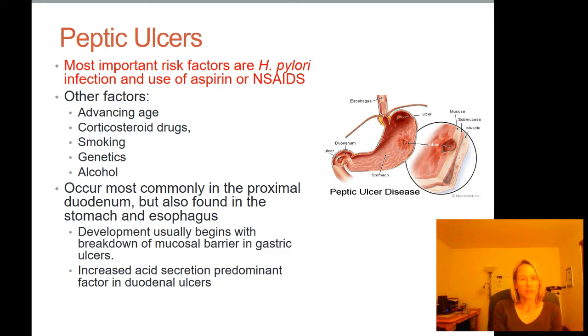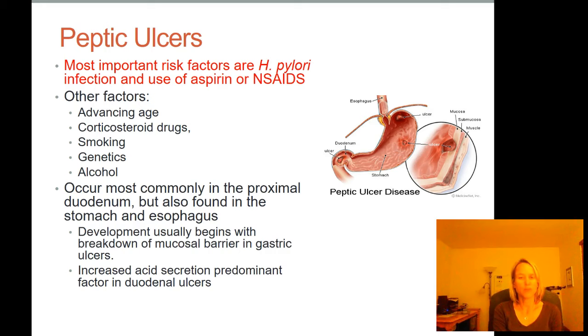So for peptic ulcers, the most important risk factors for the development of peptic ulcers are H. pylori infection and the use of aspirin or NSAIDs. There are other factors that can contribute to the development of ulcers, and these include advancing age, corticosteroid drugs, smoking, genetics, and alcohol.